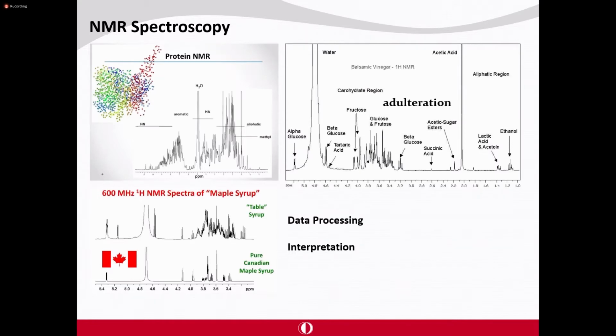On the right, you see the proton NMR spectrum of balsamic vinegar, and you see the presence of different components: organic acids and sugar. Such an approach can be used to understand, for instance, adulteration in the case of balsamic vinegar.